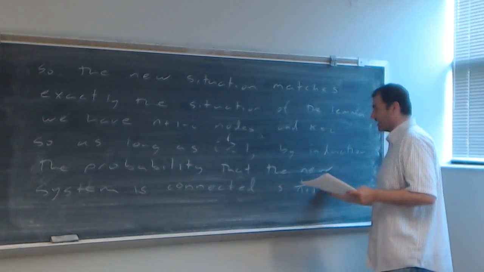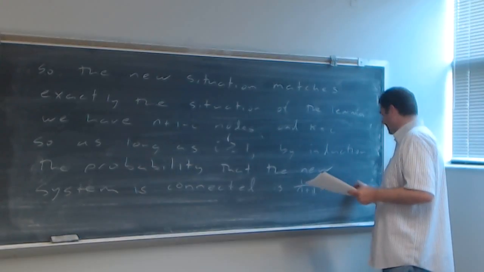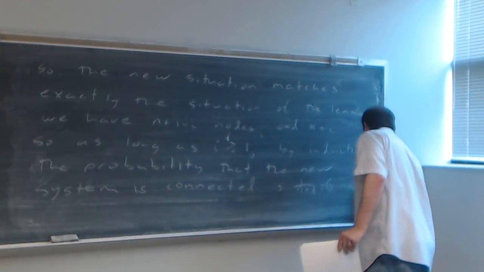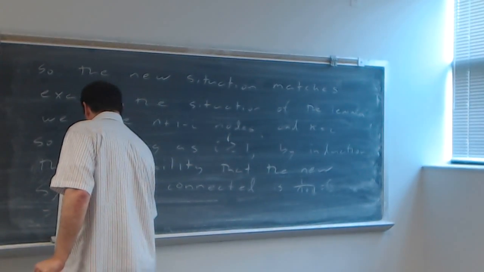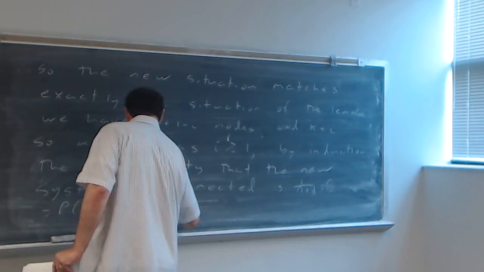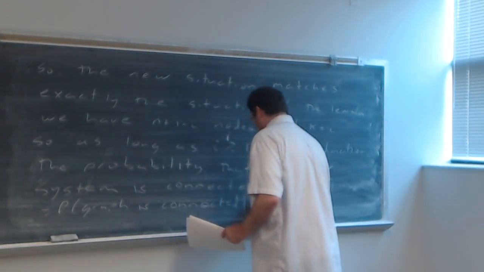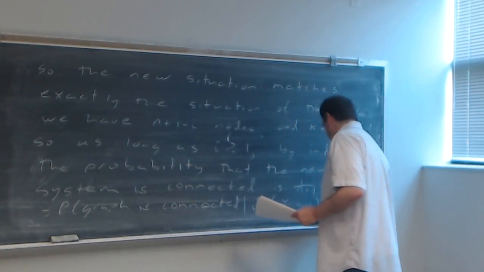Okay, and that's the same thing as the probability that the graph is connected, given exactly I of the y sub j are equal to 0.